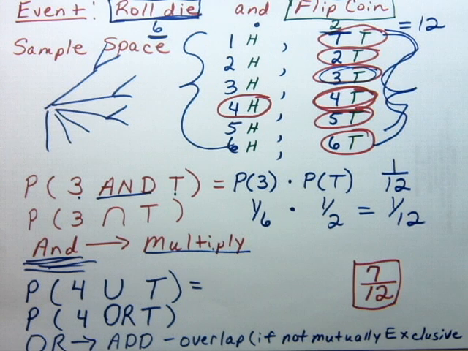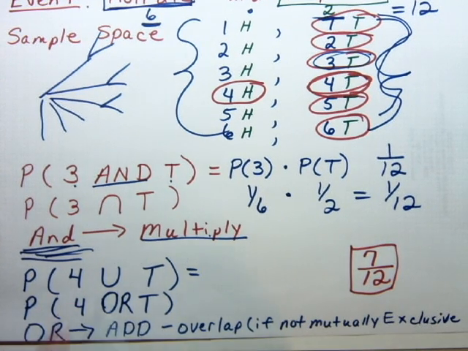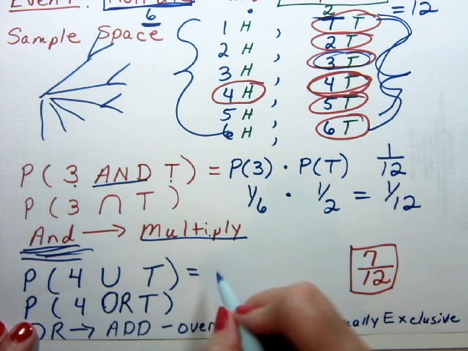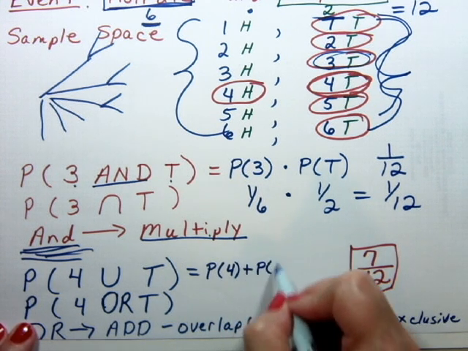Now, mathematically, how am I going to do that if I don't look at the sample space? What if I don't want to draw that out? Well, the key thing in mathematics is you want to add when you see the word or. But I'm about to teach you a little lesson with this. So that would be the probability of a 4 plus the probability of tails.